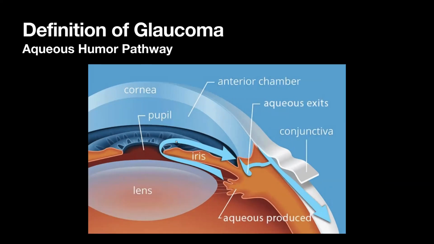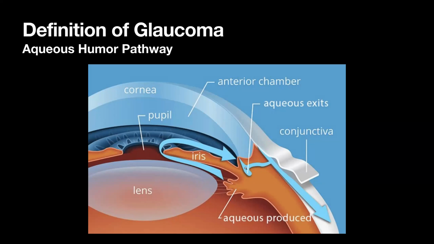And once it goes around the pupil, it drains into this area right here in between the cornea and the iris. By definition, this is called the corneo-irido angle, or the iridocorneal angle, or what we often refer to as just the angle. So once again, 360 degrees around the eyeball, fluid is produced in the ciliary body, travels in front of the lens, around the iris, and drains in this angle.